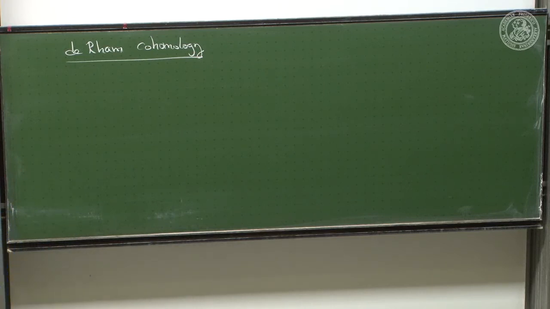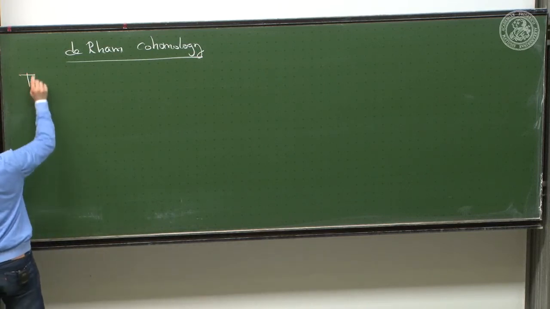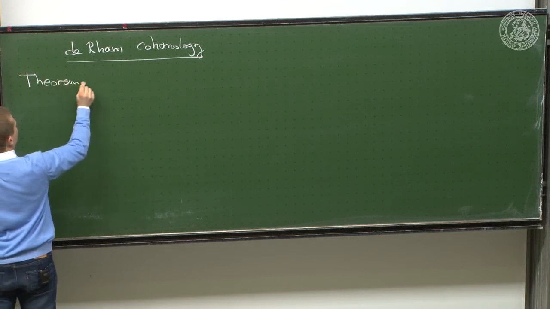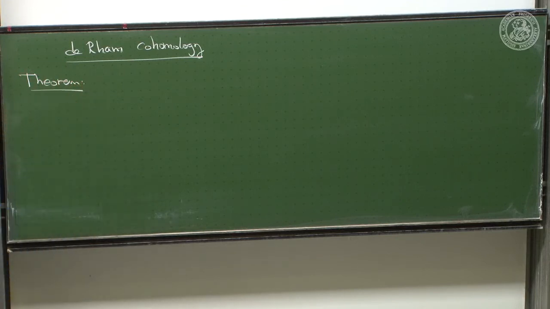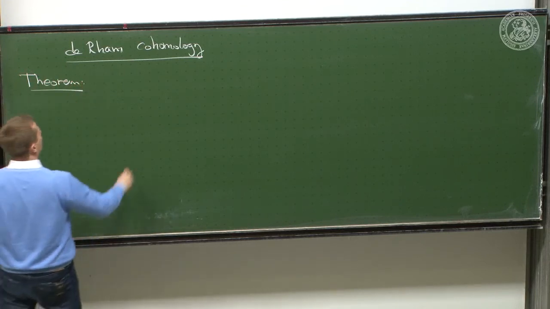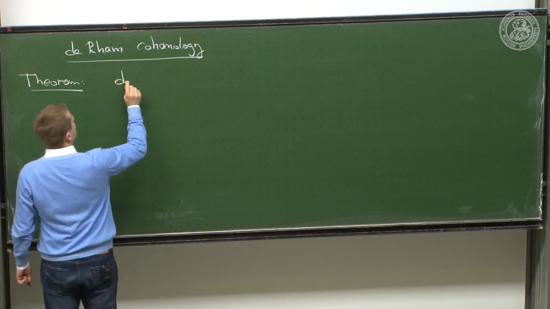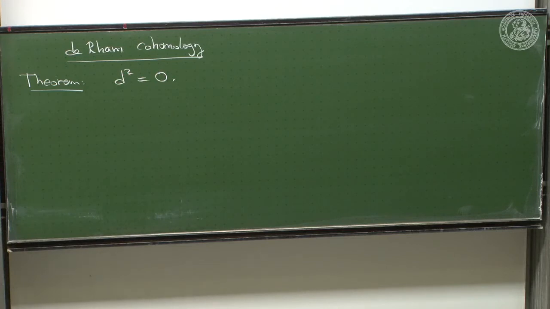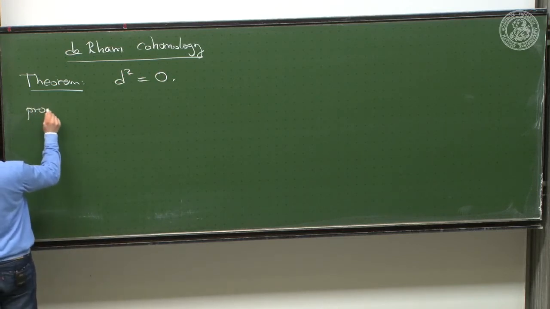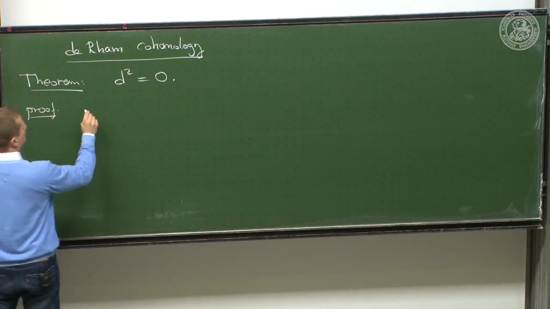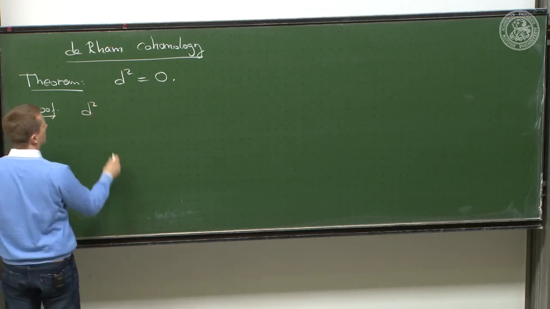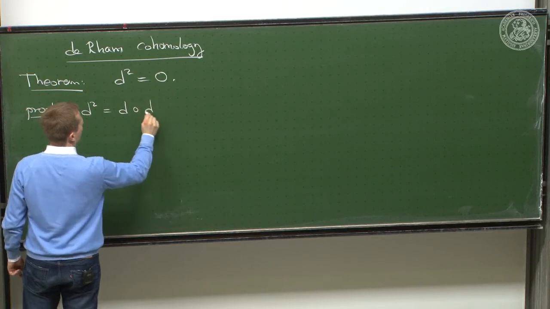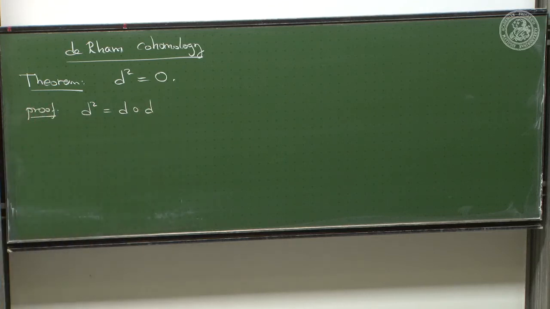Okay, so the basic theorem on which this whole business of cohomology is built is the following. d squared equals 0, full stop. Well, proof. Well, obviously by d squared, we mean that you apply d and then you apply d again.